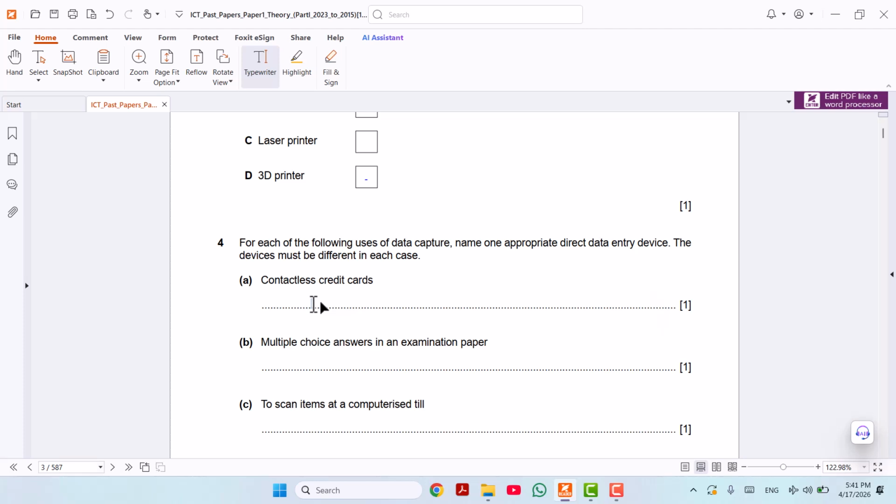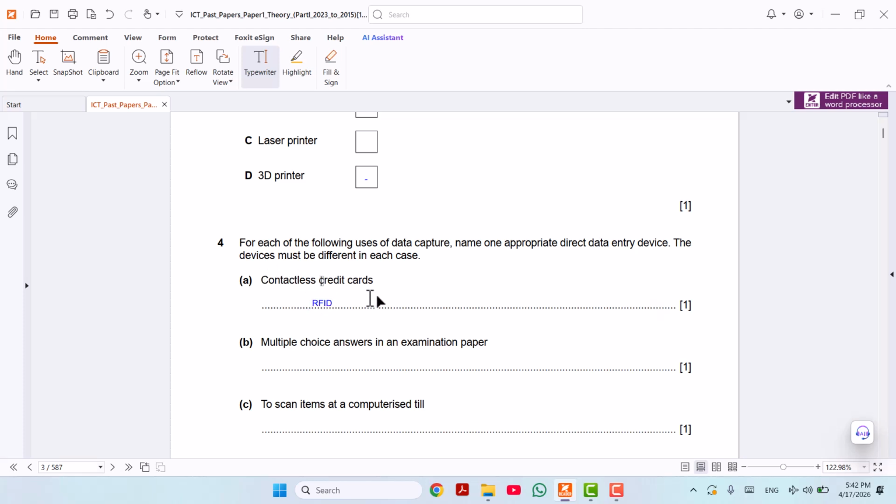We have OMR, OCR, RFID, and barcode, all of these are devices. I think the first one is RFID. What is RFID? It is radio frequency identification reader. It is used to read the credit card.